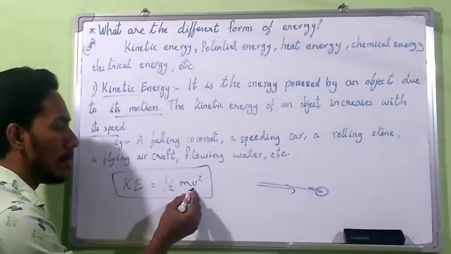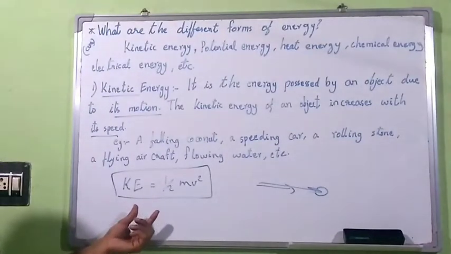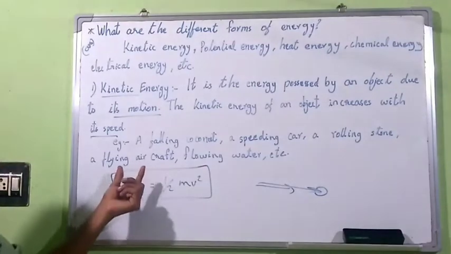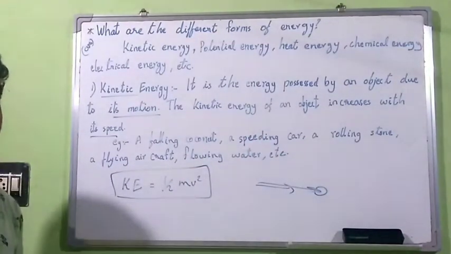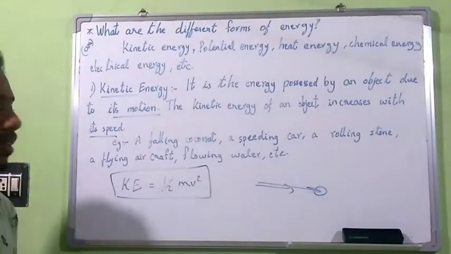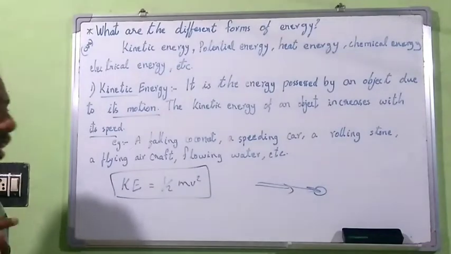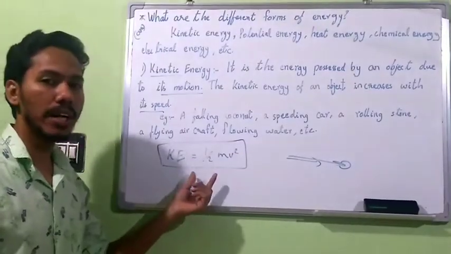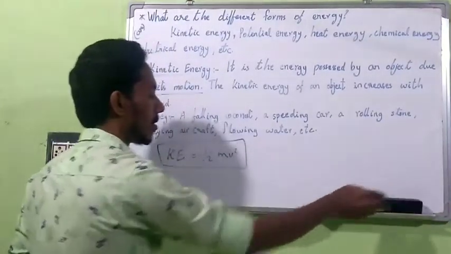Flowing water, a flying aircraft, a rolling stone, a speeding car have energy. These objects possess energy and they can do work on another object. So the equation to find kinetic energy is half mv square.